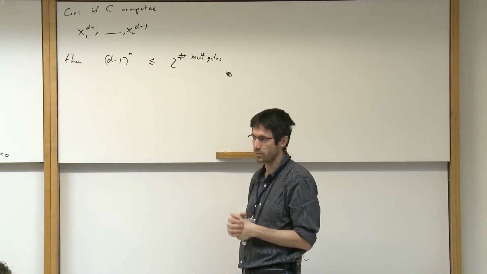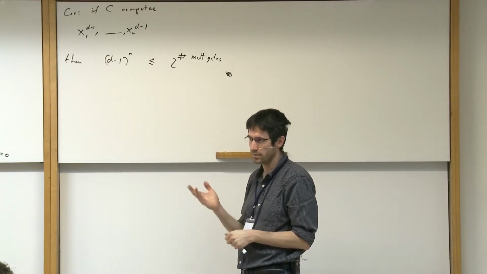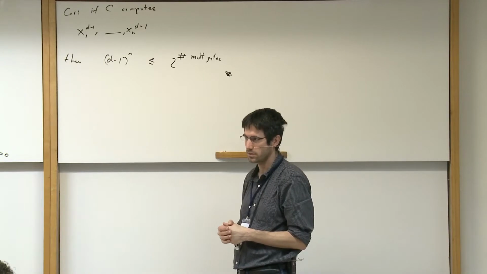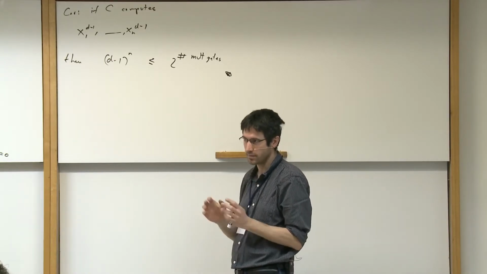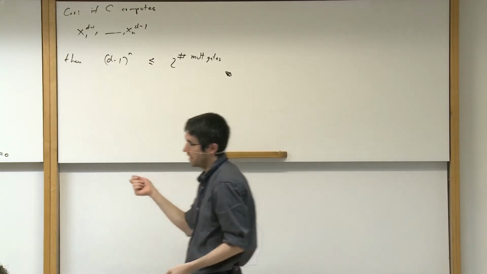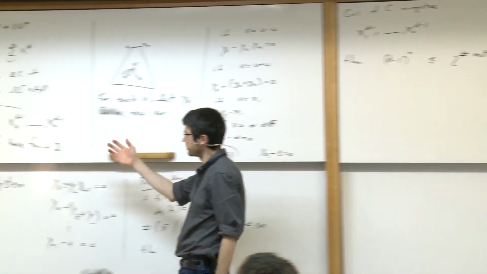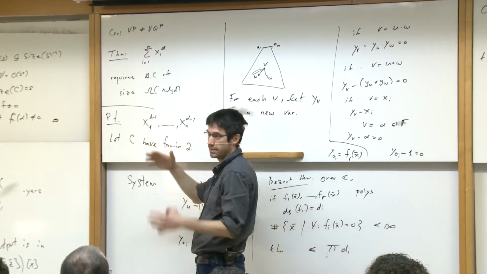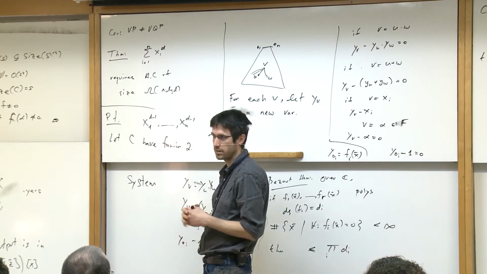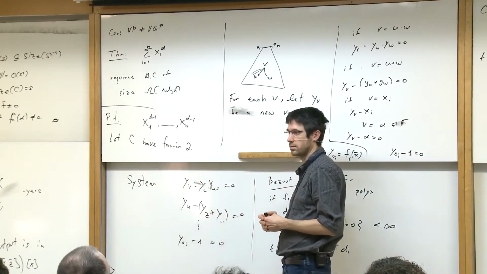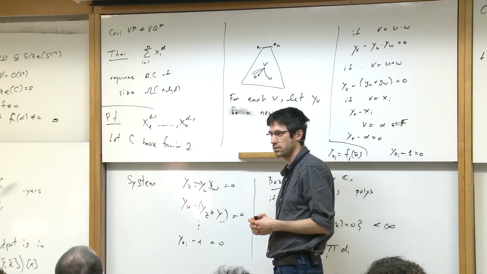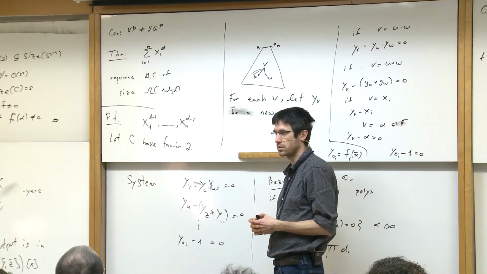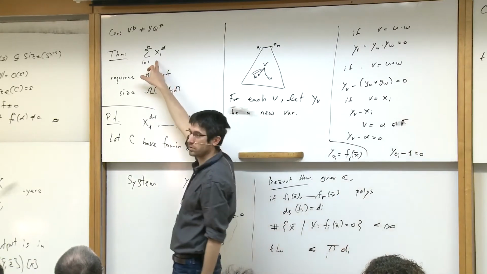Yes, for example, the symmetric polynomials, the elementary symmetric polynomials. Basically, it works for any set of n polynomials for which you get many solutions, but finitely many. Yes, one polynomial, that's a polynomial, right?